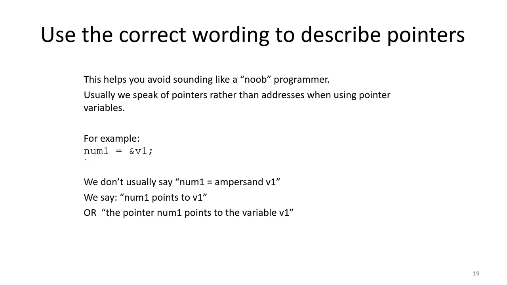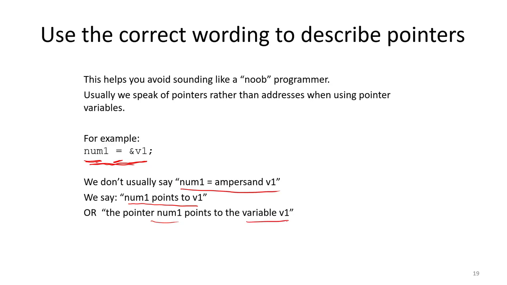So for example, if I have num1 equals ampersand v1, we don't usually say "num1 equals ampersand v1." Instead, we say num1 points to v1, or the pointer num1 points to the variable v1.